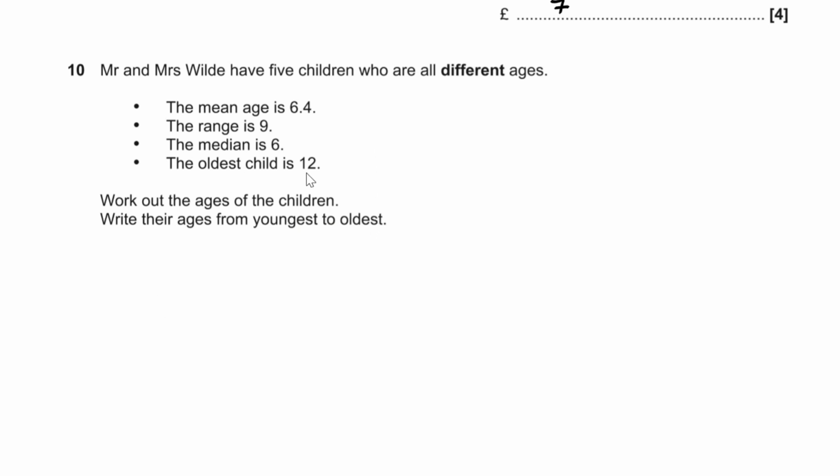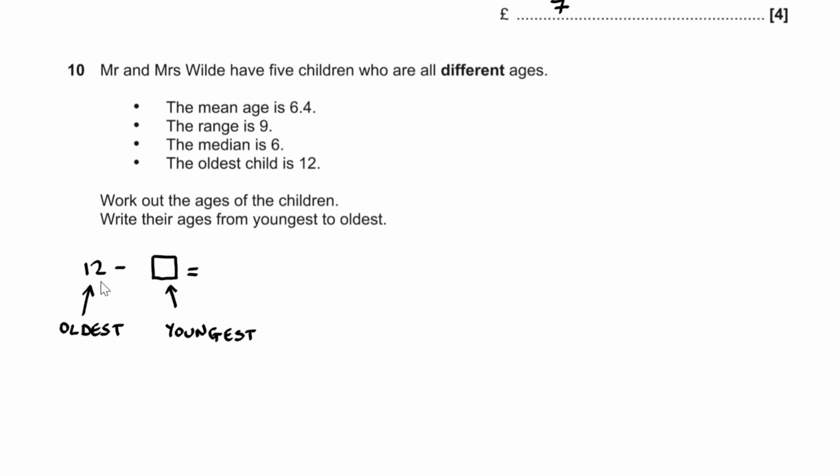Well, if the oldest child is 12, so we've got 12 here for the oldest child, we can use the range to help us find the age of the youngest child. So let's just say this box here would represent the youngest child. We've got the 12, which represents the oldest, and this box which represents the youngest.